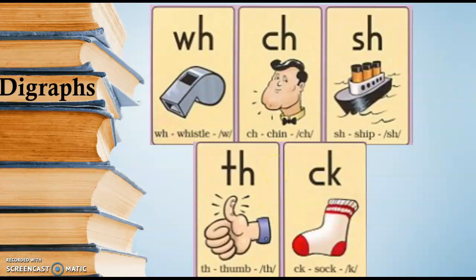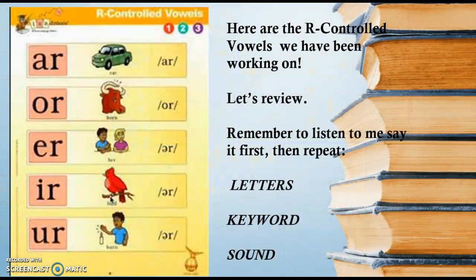CK, sock, k. Remember that K can make k, the C can make k, or the CK can make k. We'll go over that again later. R controls, when you guys practice these on your own, if you like, want to pause it and go through them? I'm going to skip over them for today.